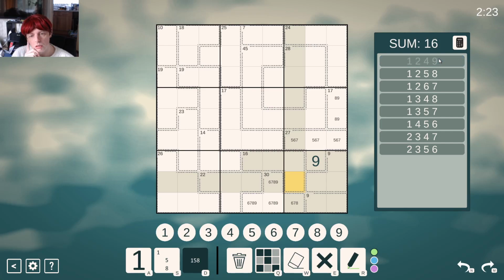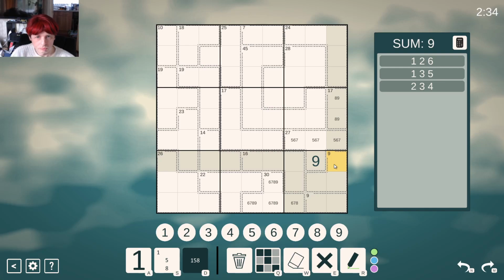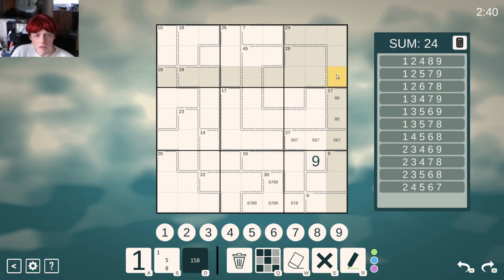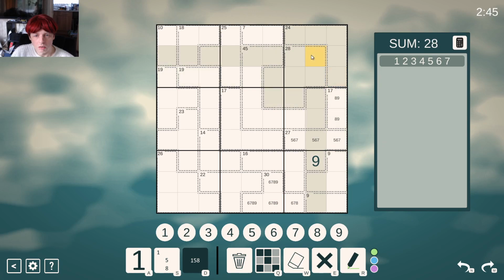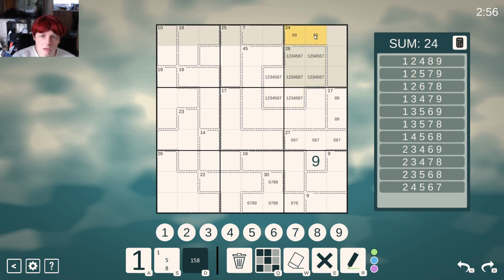Doesn't contain a 9. Ah, right. 1, 2, 3, 4, 5, 6, 7 for them. Okay. That must be 8 and 9 at the top there then. That must be the 8. That must be the 9.